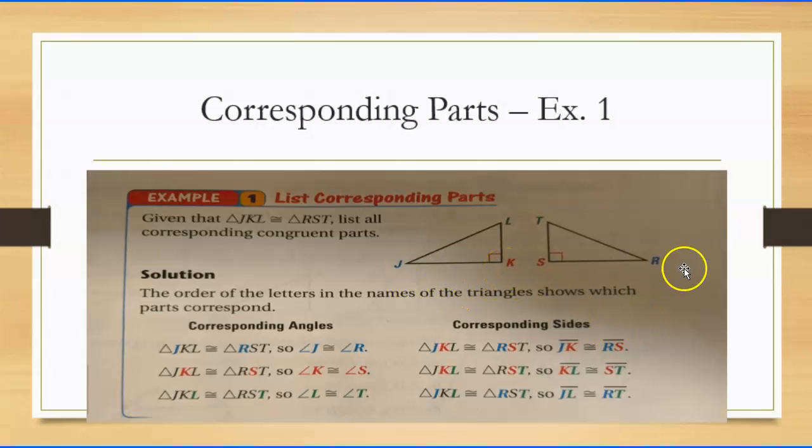JK is congruent to RS, and again, I start with the little teeny tiny JK, little teeny tiny RS, so they are named as mirror images. And then we know that KL is congruent to ST. Now, if I said KL is congruent to TS, I would be wrong. I would get a point off on a test. Be careful. And then finally, JL is congruent to RT. So it's extremely important how you name those sides and those angles.